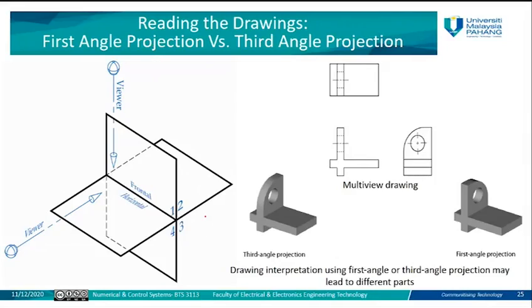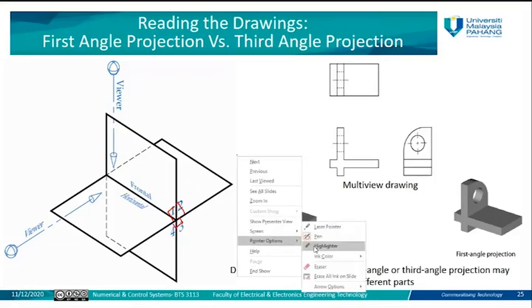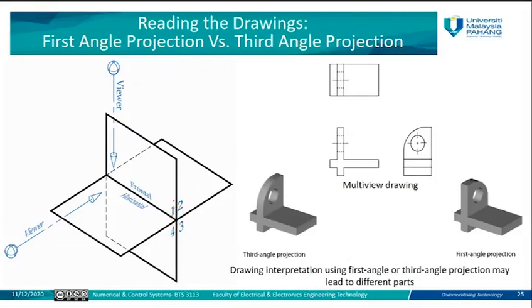As you can see here, if you have two perpendicular planes, this is one plane, perpendicular to the other plane at an angle of 90 degrees, we have four angles. We have angle number one, which is between the vertical and the first line.